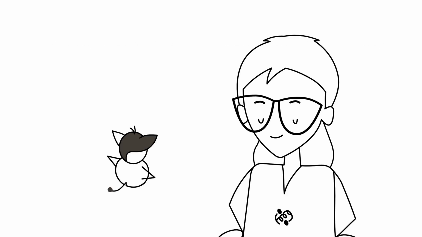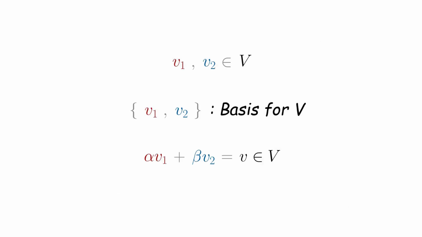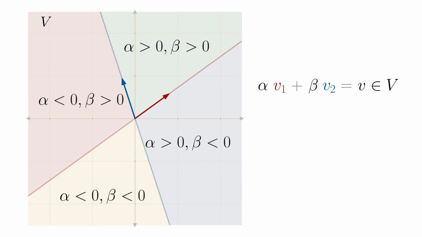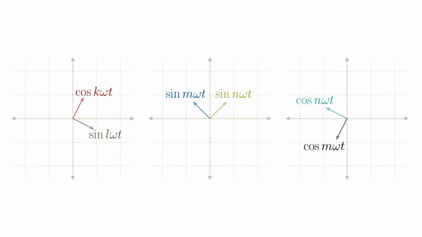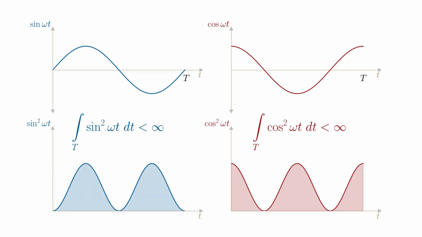Interesting. But what's the point of knowing all this stuff? We discussed the idea of basis vectors in an earlier episode. Yeah, basis helps us construct every point in the space they lie in. Okay, hang on. Where exactly do these sinusoids lie? Good question. We see that a finite magnitude sinusoid, considered over its fundamental period t, is a square integrable function.